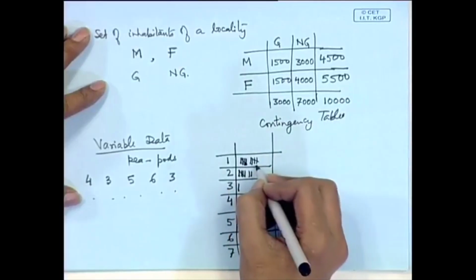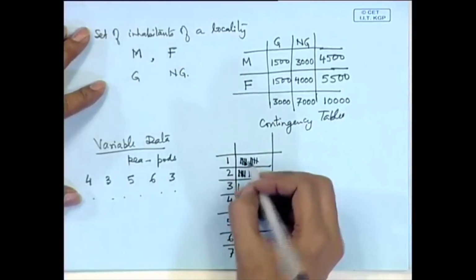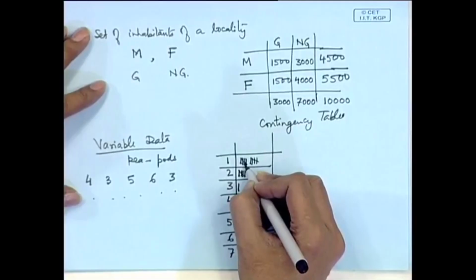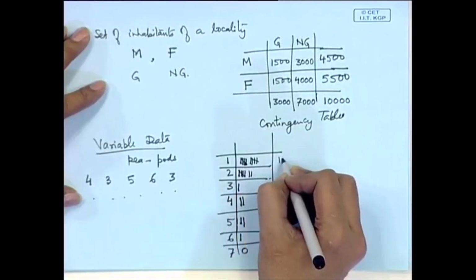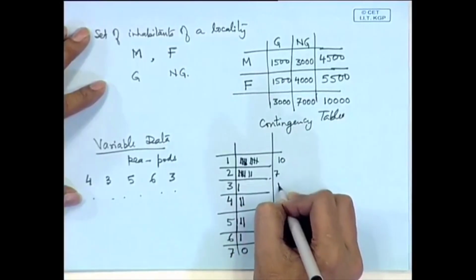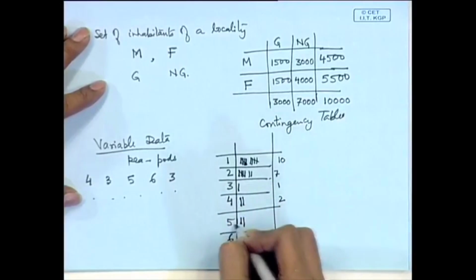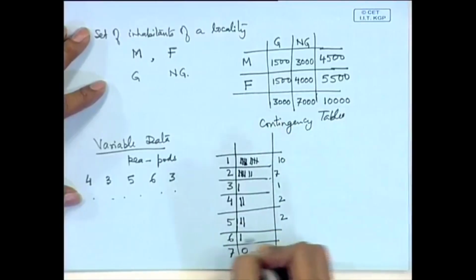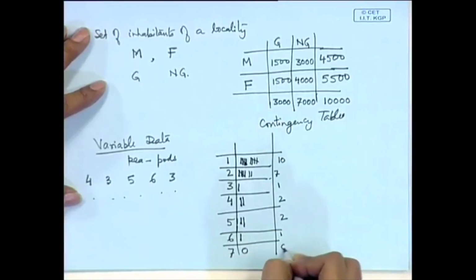So, suppose I have observed only this much, we can consider the frequency distribution as corresponding to 1 it is 10, corresponding to 2 it is 7, corresponding to 3 it is 1, corresponding to 4 it is 2, corresponding to 5 it is 2, corresponding to 6 it is 1, corresponding to 7 it is 0.